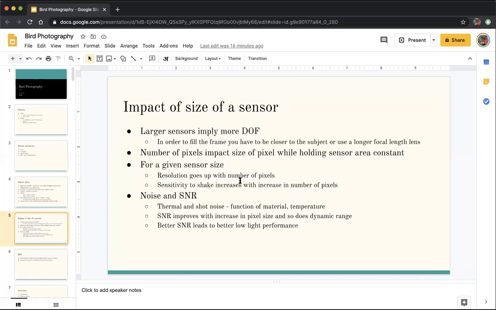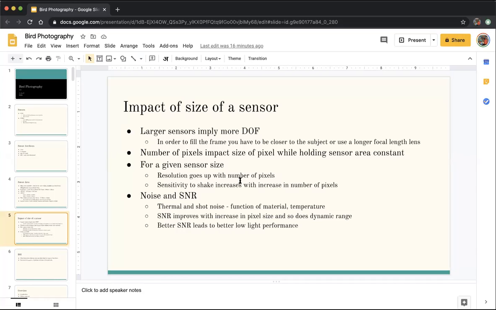So basically, the purpose behind the bit on the sensor was to talk about the different sizes. When you just look at the number of megapixels, that's only one piece of the story. The other thing to keep in mind is the size of an individual pixel, which is basically the sensor size divided by the number of megapixels.